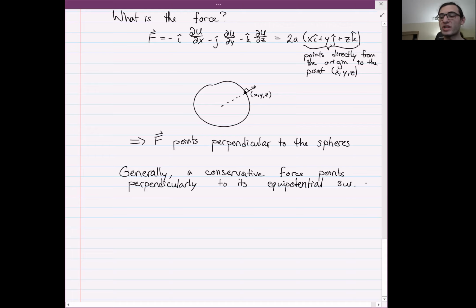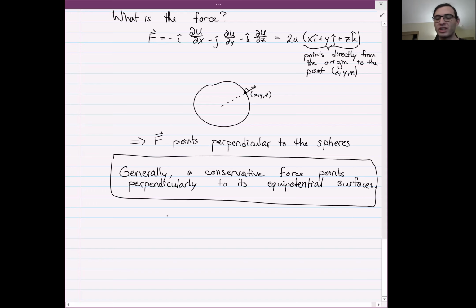So if you evaluate the force at a point somewhere in x, y, z space, the direction that force is pointing in is always perpendicular to the imaginary equipotential surfaces that fill all of space. You'd find the equipotential surface that point is part of, and that force would have to point precisely perpendicular to it.